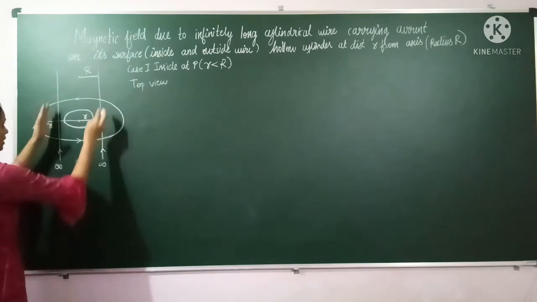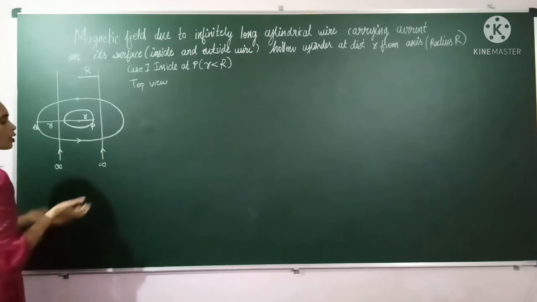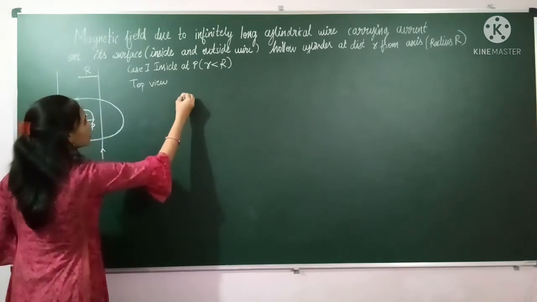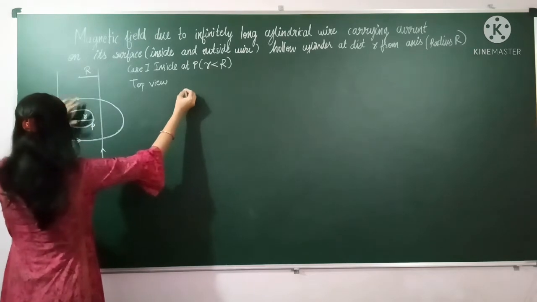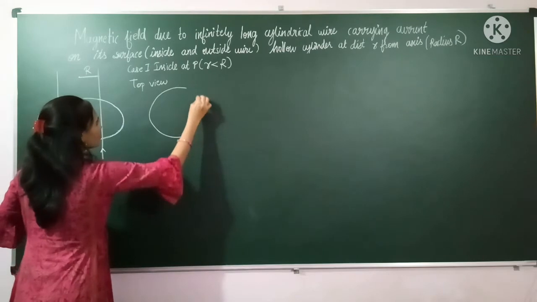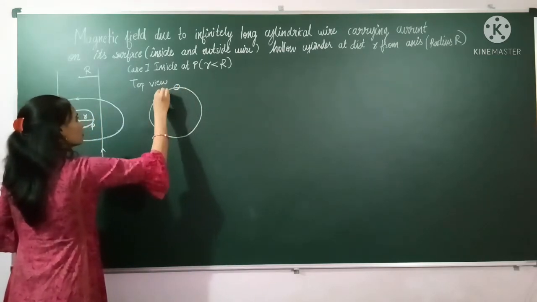This is the side view. If you observe the wire from the top, how will it appear? First we draw the cylinder, where the current flows on the surface. The current is flowing on the surface and it is outward.